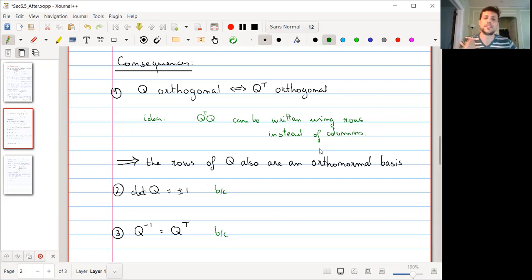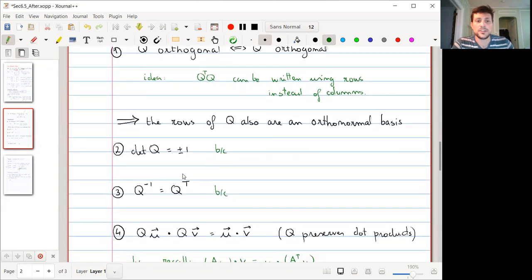So the proof would be the same as the proof that we just did to show that orthogonality implies that Q transpose Q is the identity, but you can tweak the argument and say that it also works for rows. An important consequence of this is that since Q transpose is orthogonal, then the rows of Q are also an orthonormal basis because they are the columns of Q transpose.